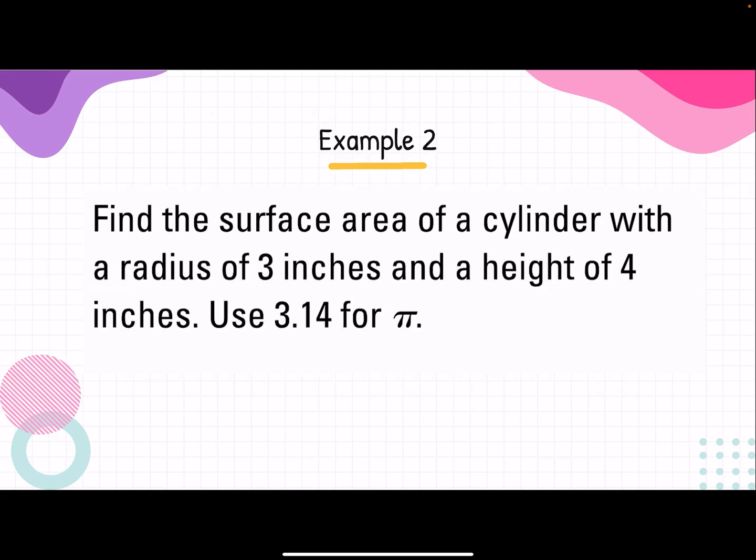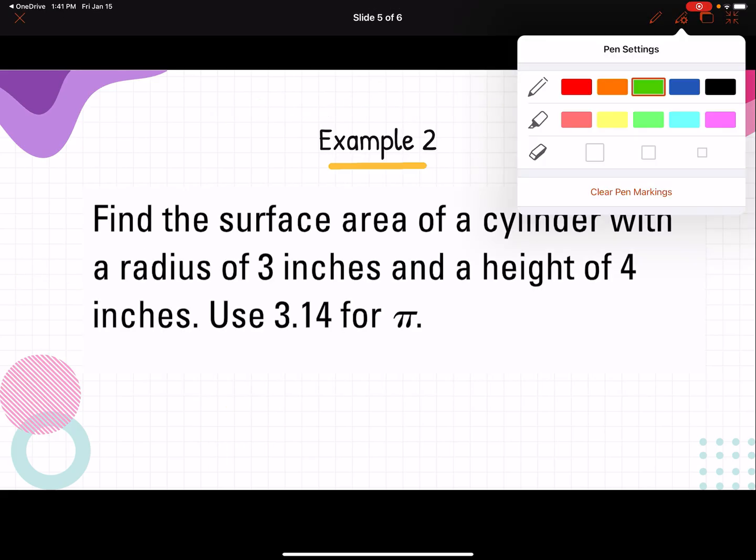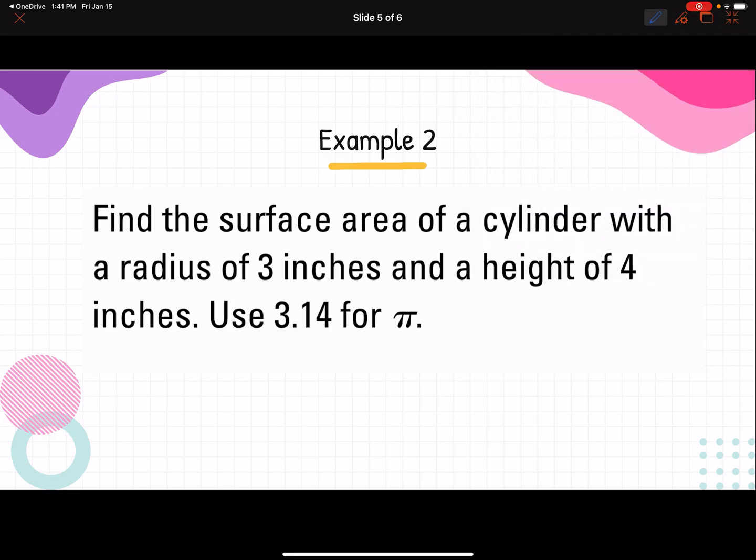Okay, example 2. We do not have a diagram, but we have all the information that we need to use the formula. And once again, I'm going to repeat the formula for the surface area of a cylinder at the top of the slide. So we have S equals 2 pi r squared plus 2 pi r h. Now let's take the pieces of information that we need in our information.